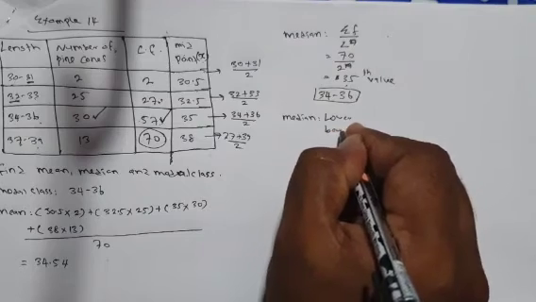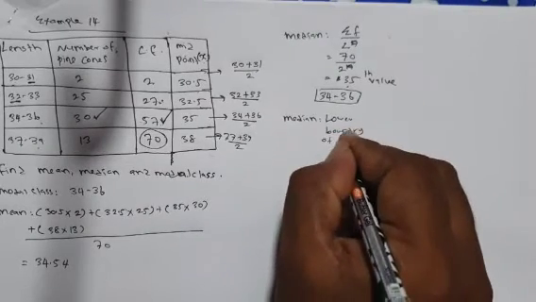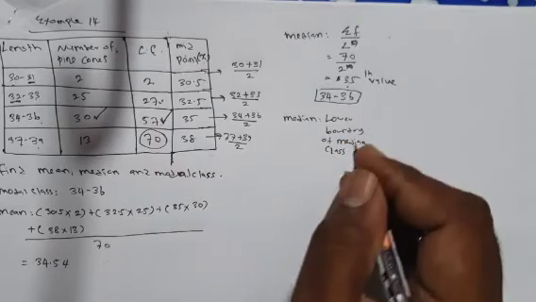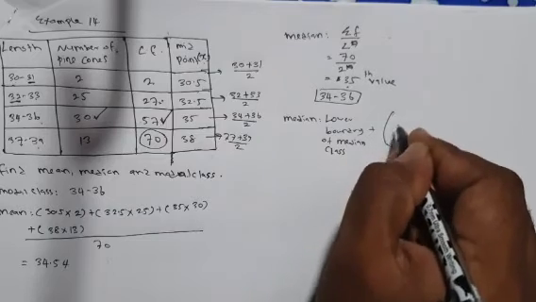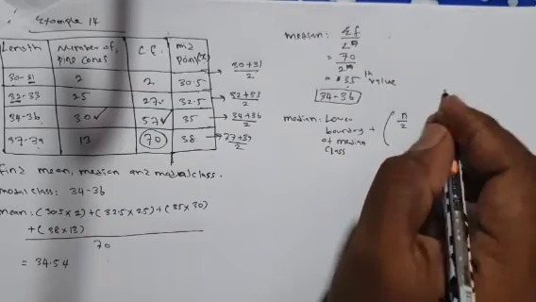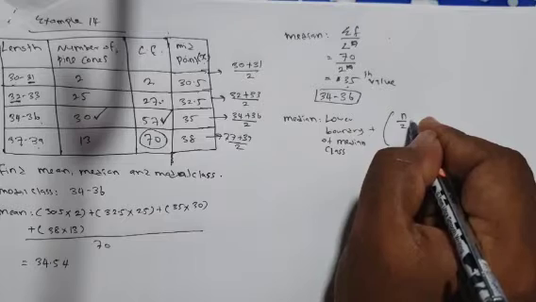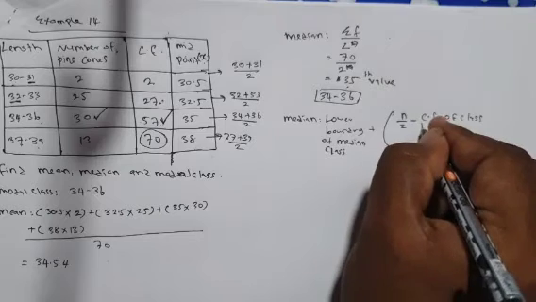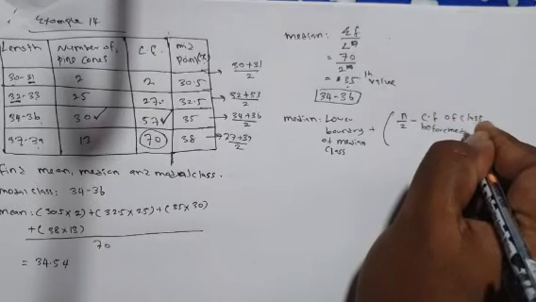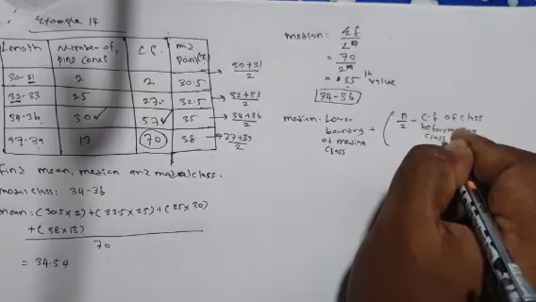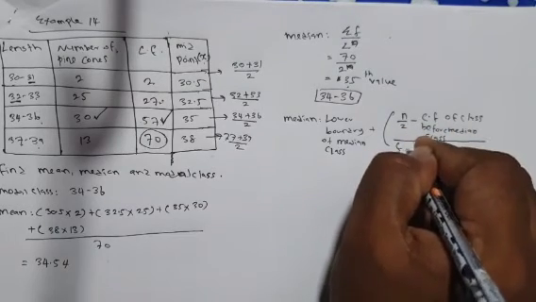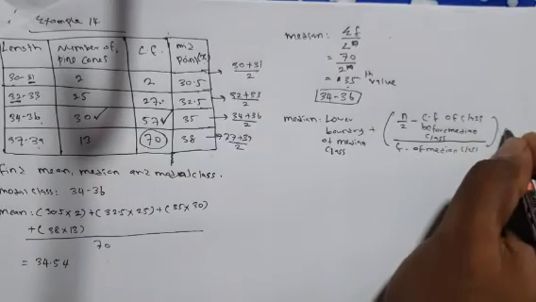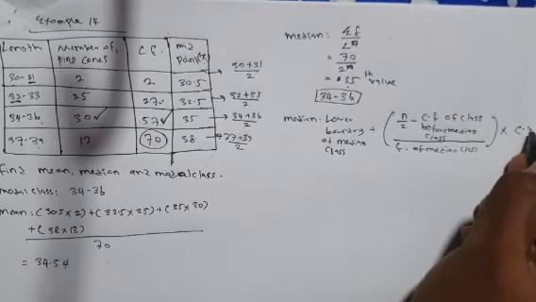lower boundary of median class plus n by 2 minus cumulative frequency of class before median class, divided by the frequency of median class, multiplied by the class width.